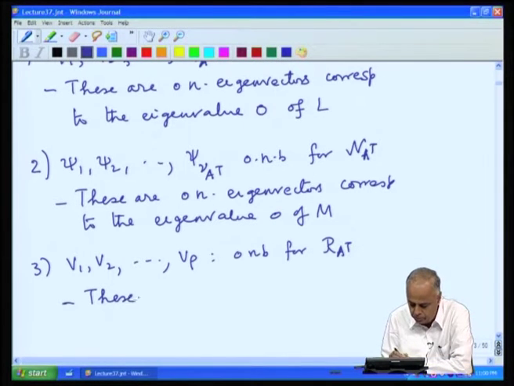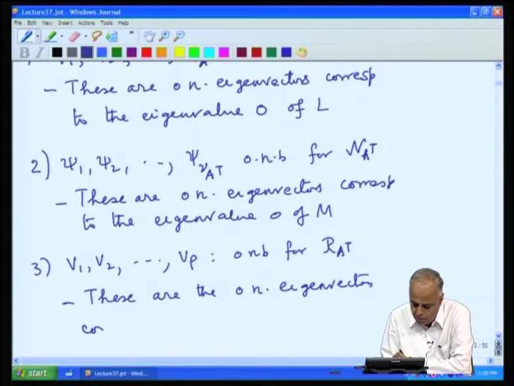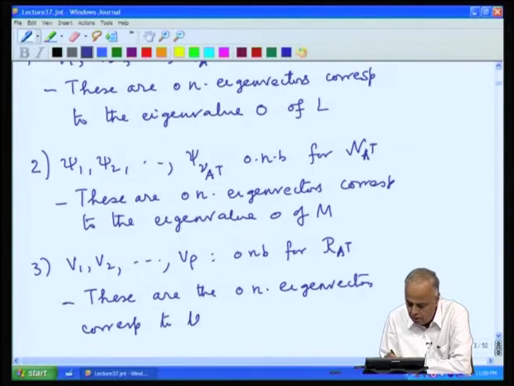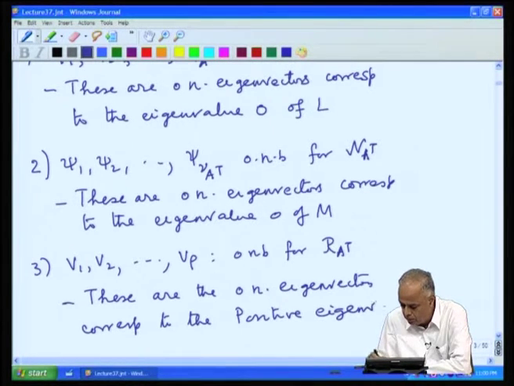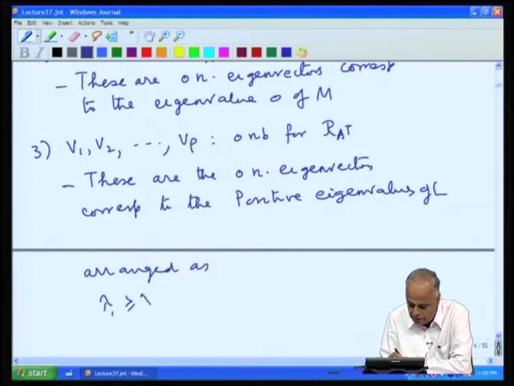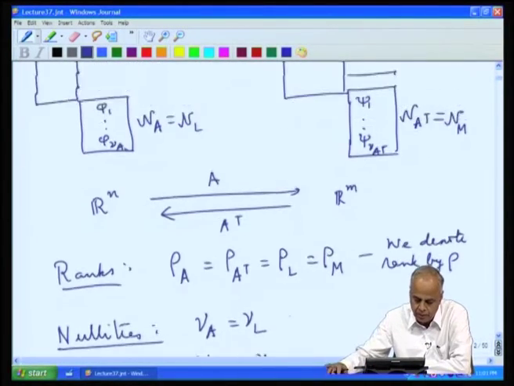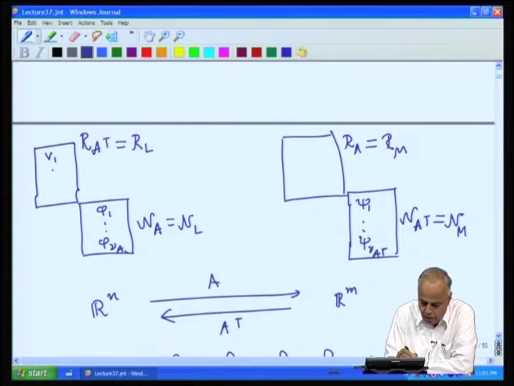These are the orthonormal eigenvectors corresponding to the positive eigenvalues of L, which we arranged as lambda 1 greater than or equal to lambda 2 greater than or equal to lambda rho greater than 0. So, we found the basis for the range of A transpose.